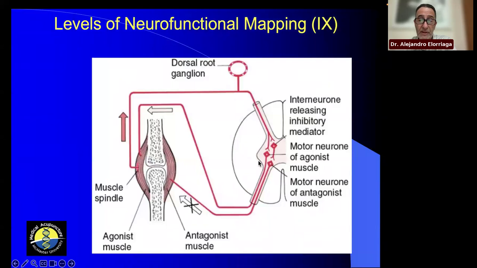Also, you need to become familiar with the many segmental reflexes that exist, such as the reflex of reciprocal inhibition between agonist and antagonist and how it's wired, and the autogenic inhibition, where a muscle contraction inhibits itself in order not to overdo it and subject the muscle to excess mechanical stress. So all these segmental reflexes are very important, like the knee jerk. Some we test, they're tendon reflexes.